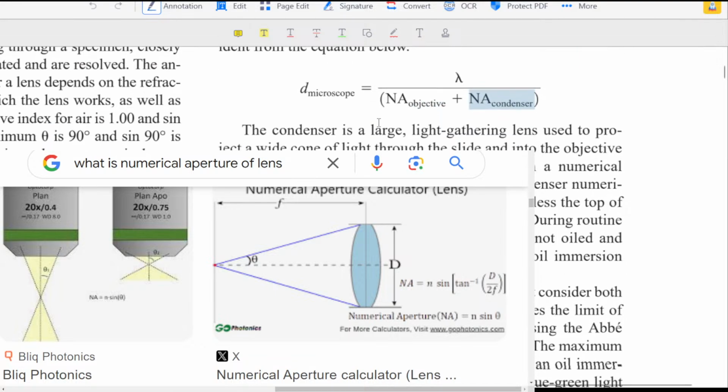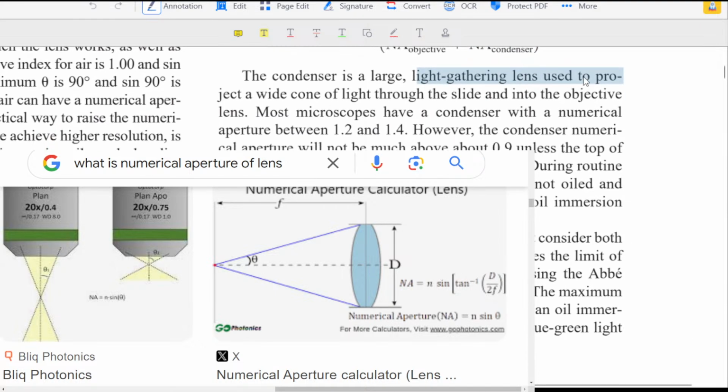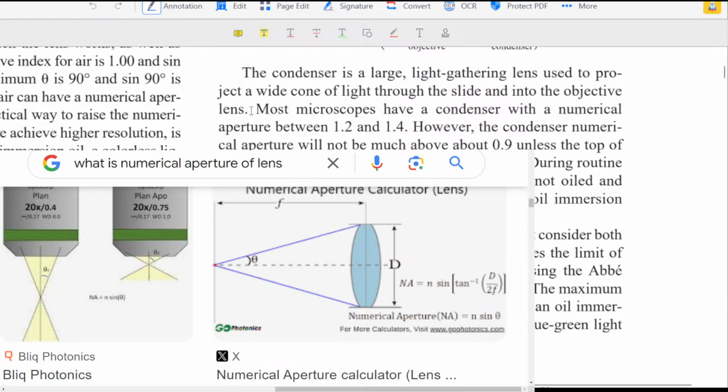The condenser is a large light gathering lens used to project a wide cone of light through the slide and into the objective lens. The condenser narrows the cone and makes it possible for all of it to pass through the specimen, so more light is captured by the lens, and so the clearer the object image is.